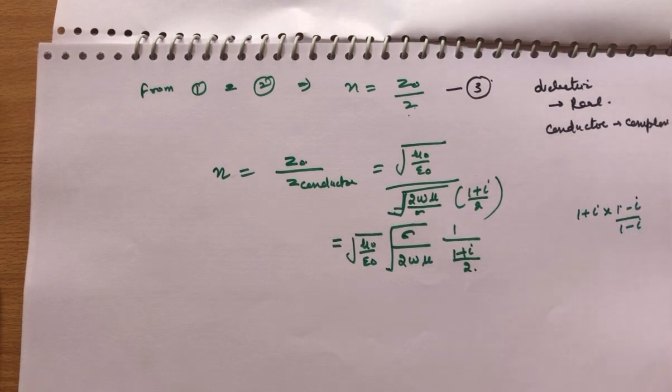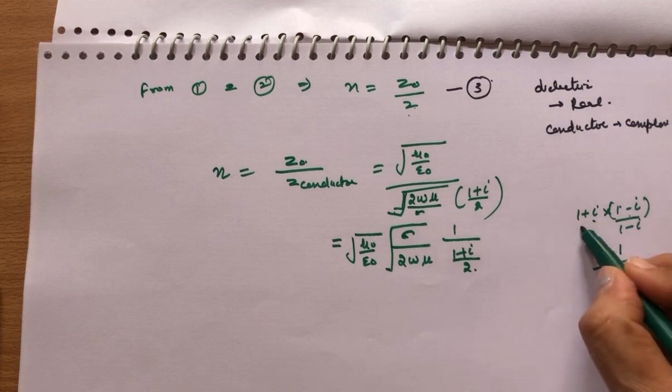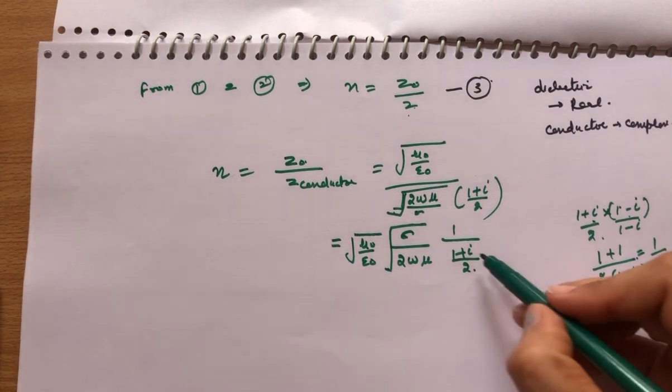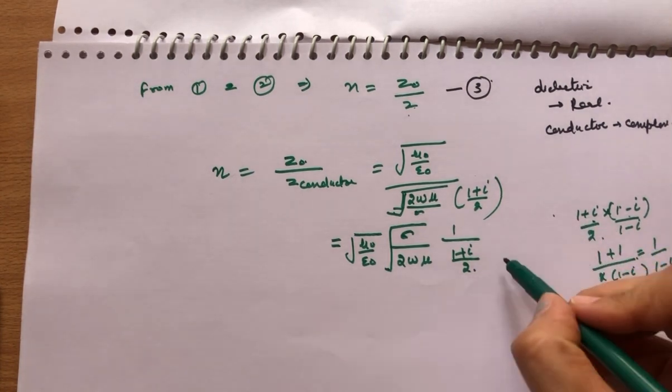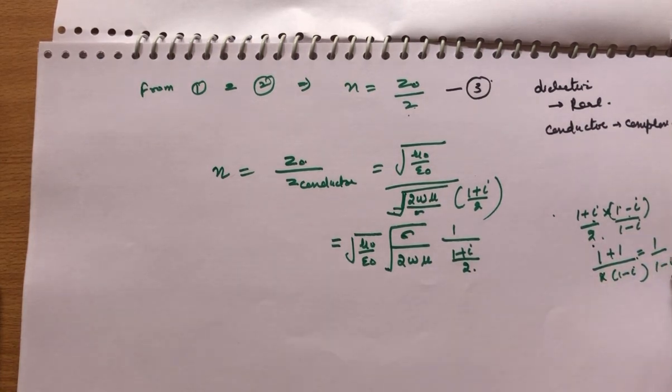From this you can conclude that it will be equal to 1 minus iota square, that is 1 plus 1 equals 2, and the 2 over 2 is also here, 2 into 1 minus iota. So this is equal to 1 over 1 minus iota. So 1 over 1 plus iota by 2 is equal to 1 over 1 minus iota.